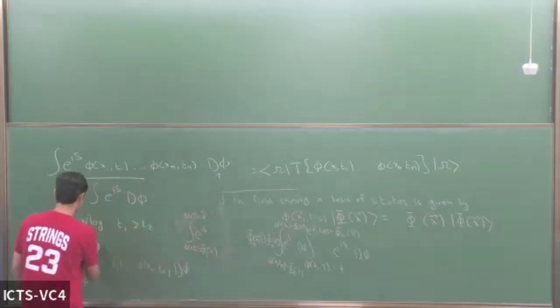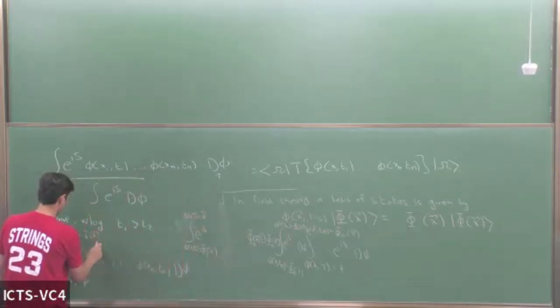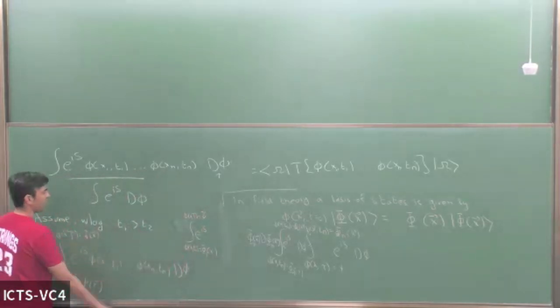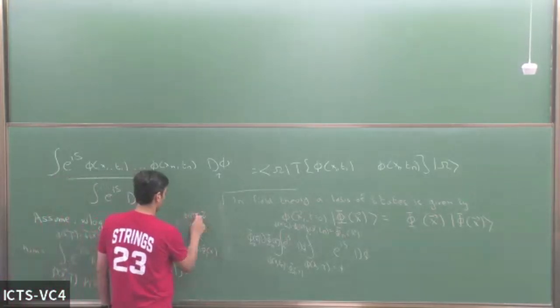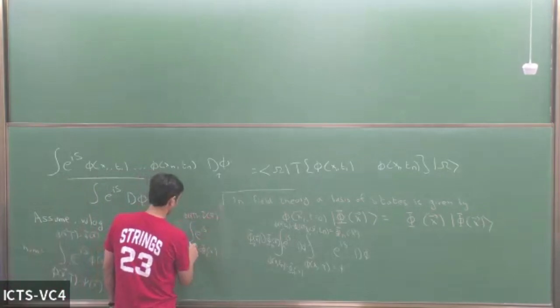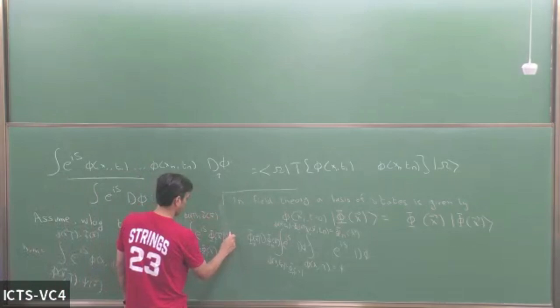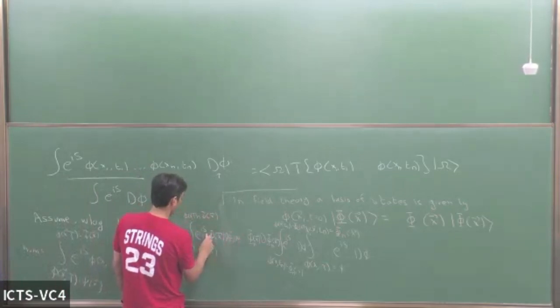These are of course functions of x. And I have here an insertion of phi 1 of x, d phi 1 of x. And I also have here an integral d phi.